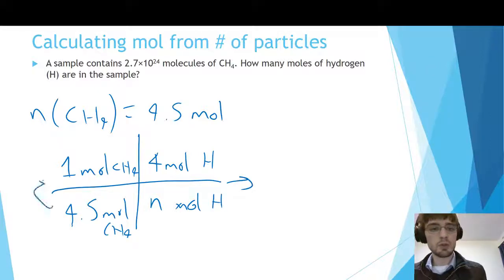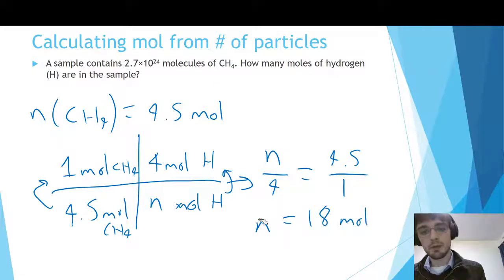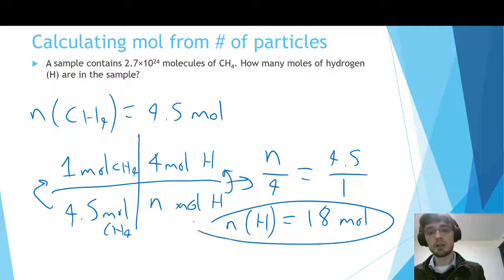So doing this divided by this and this divided by this, I get N over 4 equals 4.5 over 1. And if we do maths on that, we get 18 mole. And I'll write that down as the mole of hydrogen. And this is our final answer.